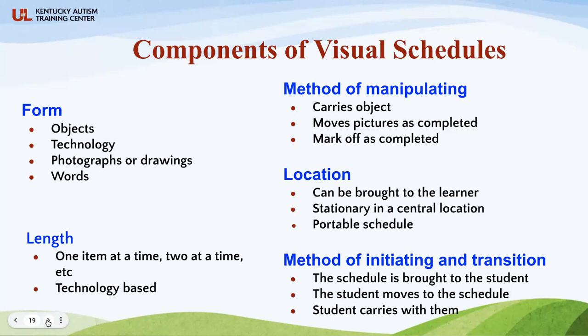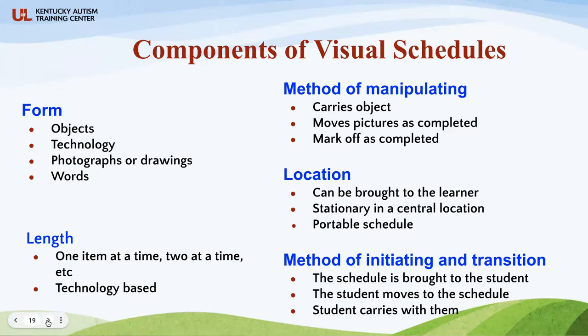If it's on the screen, what part of the information do they look at first? Because that's probably what's going to be the most meaningful to them. Again, just because they can read and write doesn't necessarily mean that they look at the words first. So that may be a really easy informal assessment to do if you're not sure where to start.